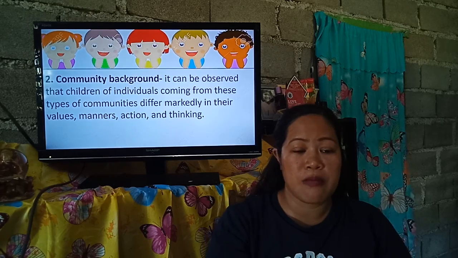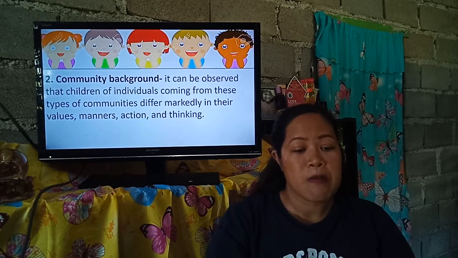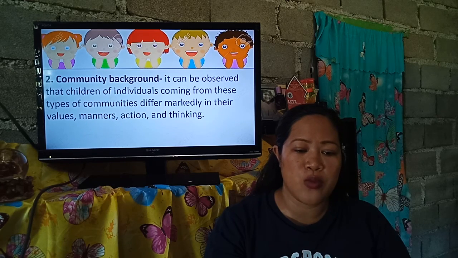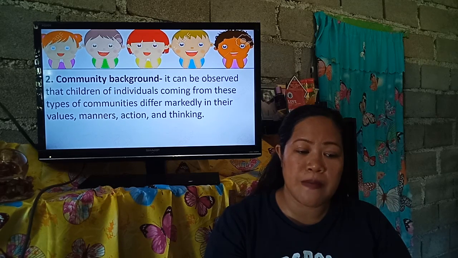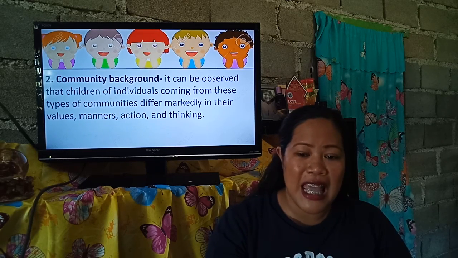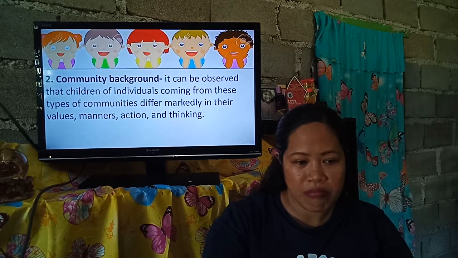Next is the community background. It can be observed that children coming from these types of communities differ markedly in their values, manners, actions, and thinking.